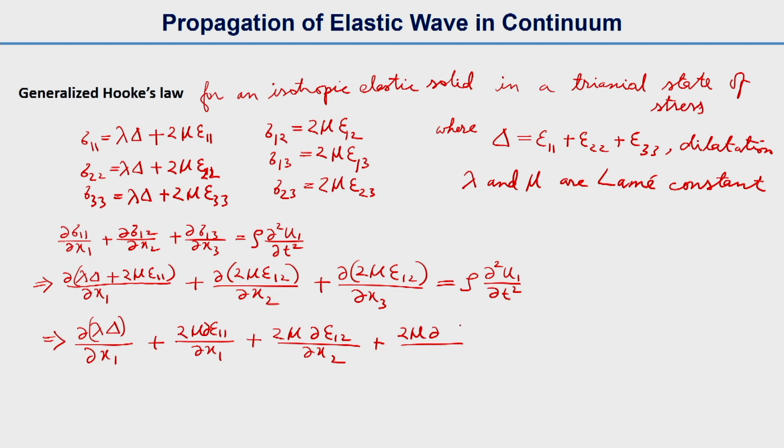As you can understand, mu is a material constant, so that comes out of the partial derivative, and that will be equal to rho times the second partial of u1 with respect to t. Sorry, I have mistakenly written this as epsilon 12. This should be epsilon 13. Here also it should be epsilon 13, not 12.